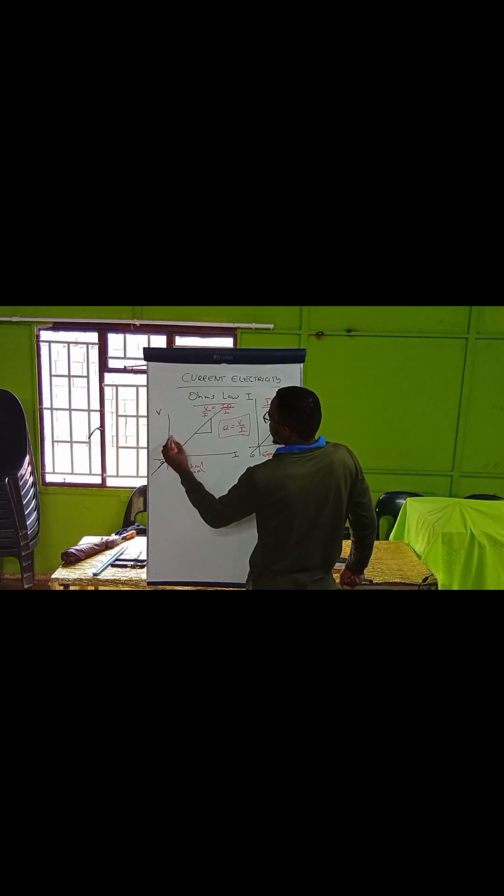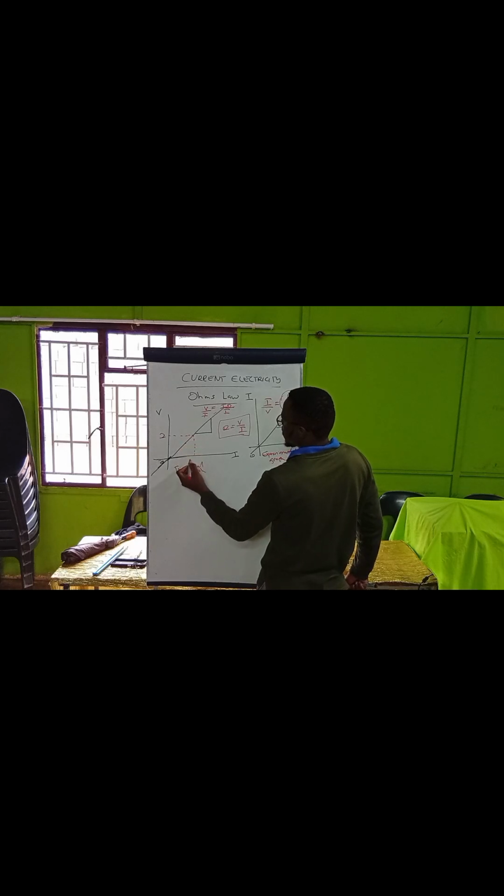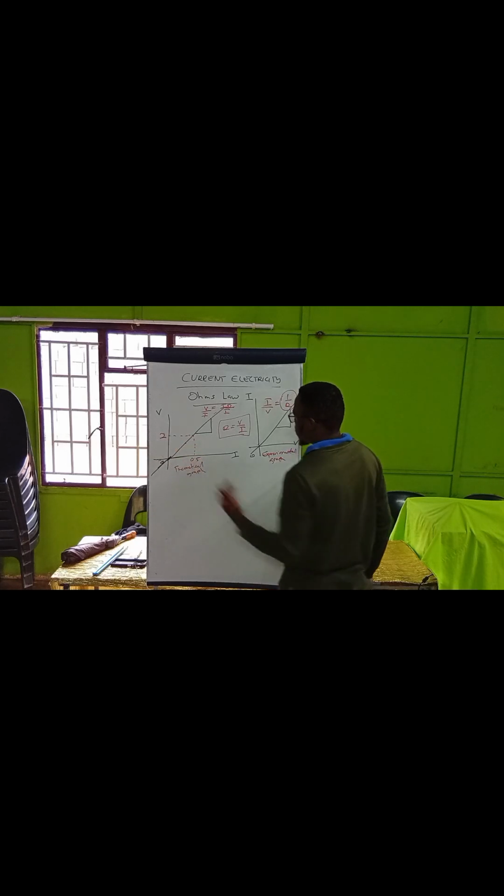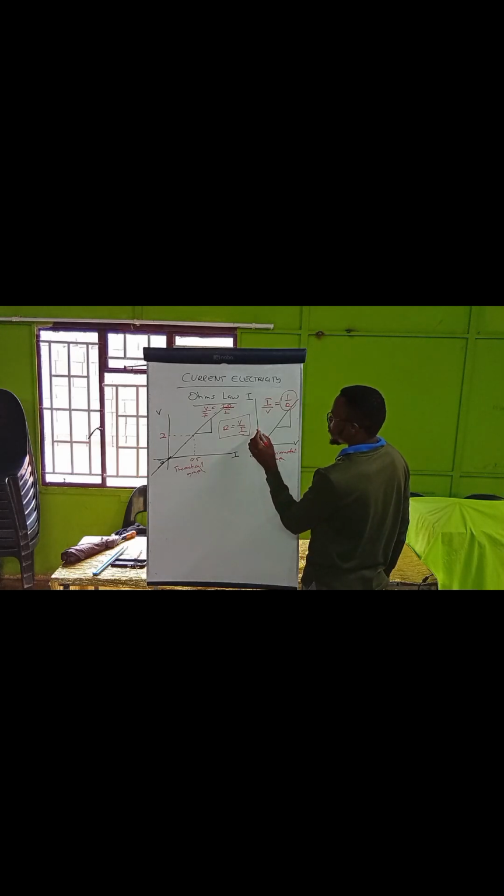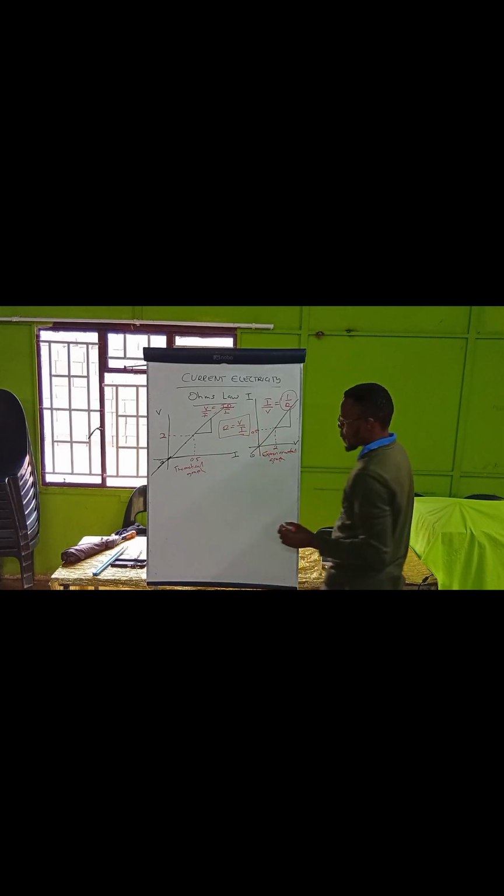Let's say the voltage is 2 and the current is 0.5. I'll use the same figures, so our voltage is 2 and our current is 0.5.